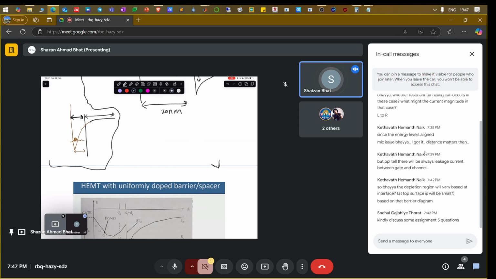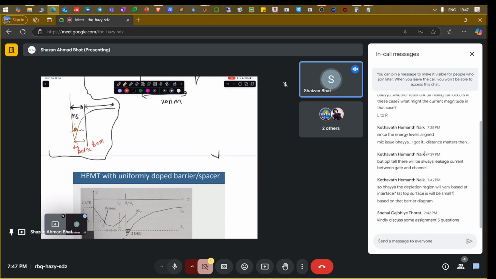We computed this particular distance, which is delta d, and it is approximately, I should say, 8 nanometers in AlGaN structures. That means this whole region would be around 10 nanometers. So it's a very thin region compared to the entire bulk, which may be 100 or 200 nanometers long.